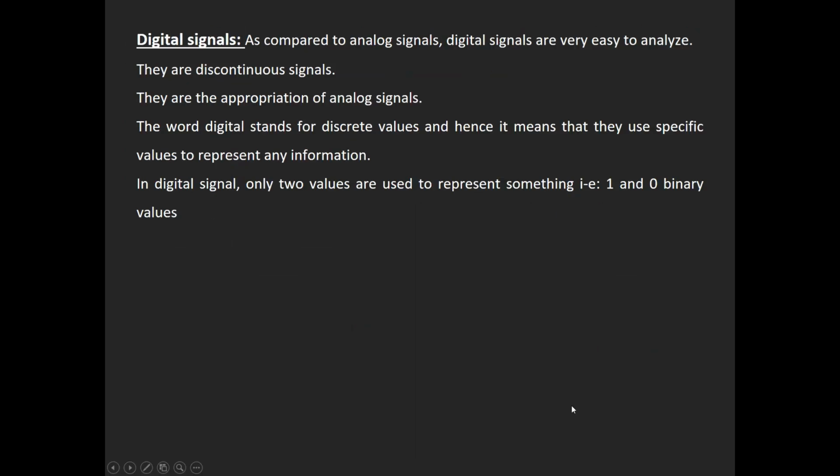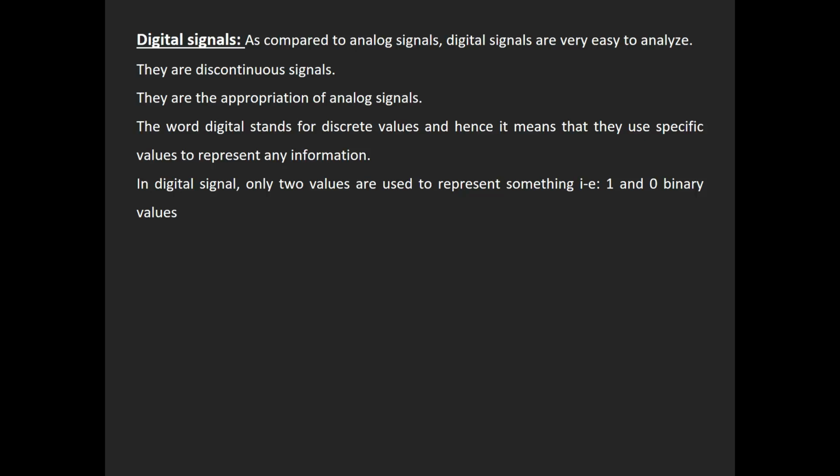Digital signal, as compared to analog signal, digital signals are very easy to analyze. They are discontinuous signals. They are an approximation of analog signal. The word digital stands for discrete values, and hence it means they use specific values to represent any information.